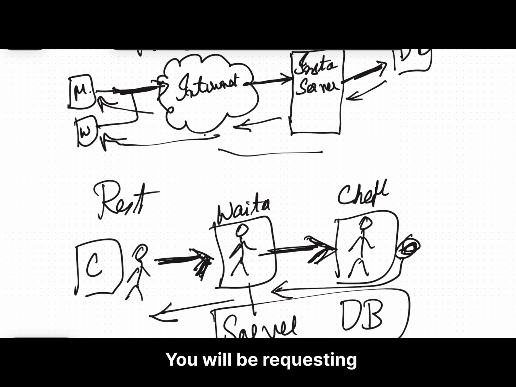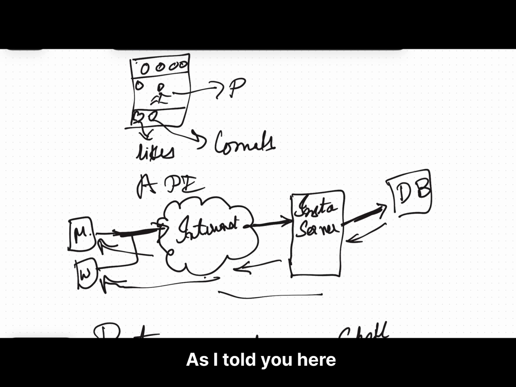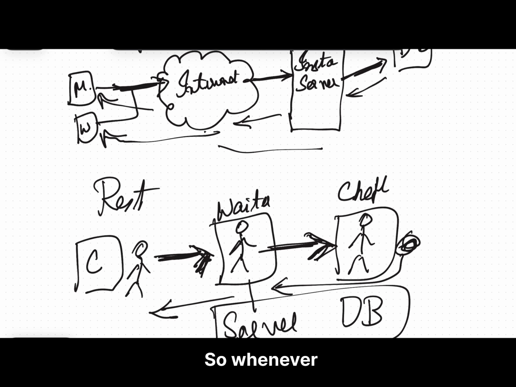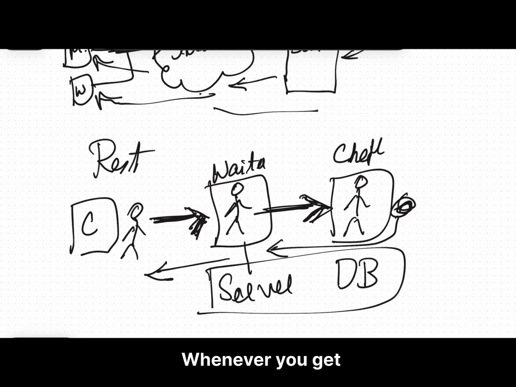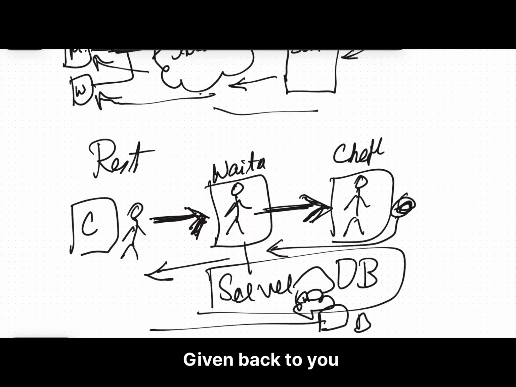Here you will be requesting, give me the information of the feeds of the Instagram, as I told you. Whenever you get the information from the DB, you prepare it, like the photo, the likes and everything, like data, and this will be given back to you. This is how an API works.